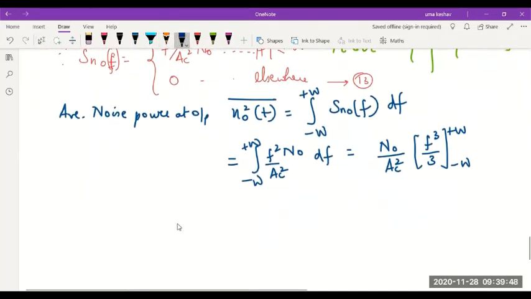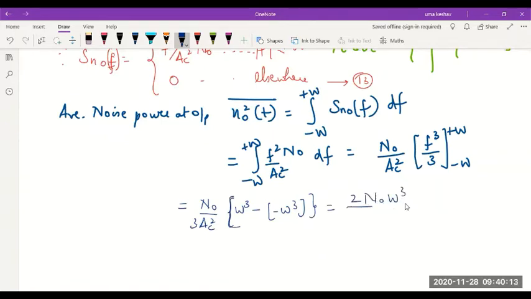So when you evaluate this, 2 W N0 cube by 3 AC square into W cubed, plus W minus of, this is minus W cube. So 2 N0 W cube by 3 AC square. This is the average final detected noise power.